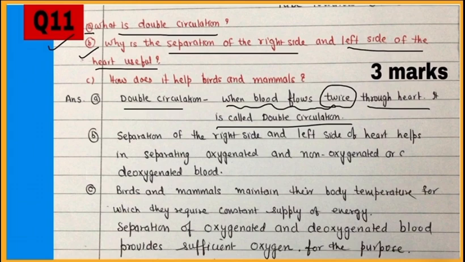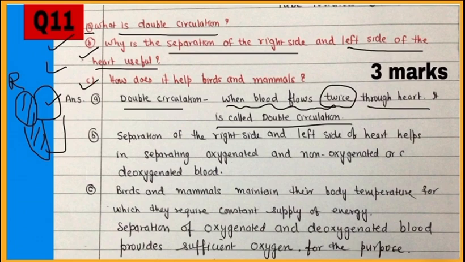In birds and mammals, there are 4 chambers in the heart, 2 auricles and 2 ventricles. Right side of the heart is completely separated from the left side because it helps in separating deoxygenated blood from oxygenated blood.